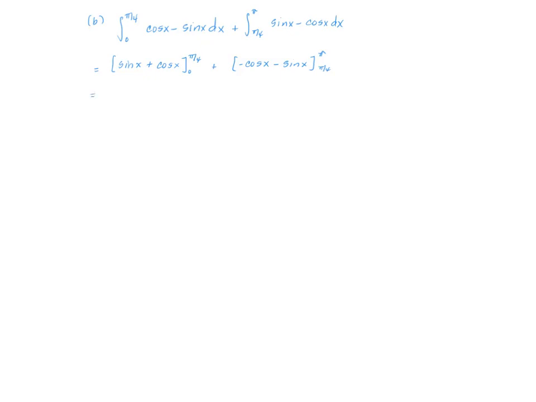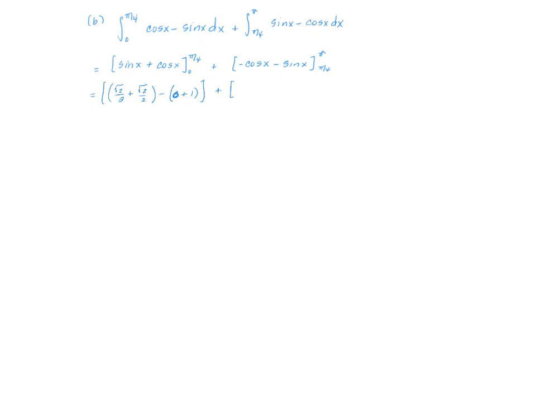So sine of pi over 4 is square root 2 over 2, plus cosine of pi over 4 is square root 2 over 2. And then I'm going to subtract sine of 0, well, I'll just write 0, plus cosine of 0 is 1. Okay, so this is my first integral. My second integral is negative cosine of pi.